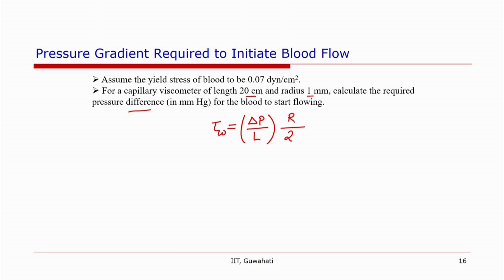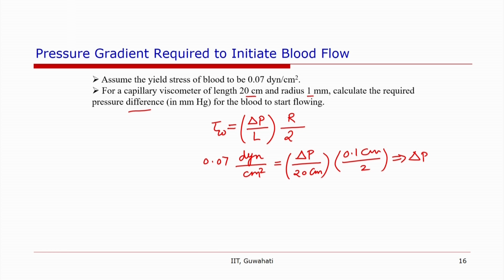So in this the shear stress is 0.07 dyne per centimeter squared, and that is equal to delta P, which is pressure difference, by L, which is 20 centimeter, R is the radius of channel, so let us write this also in centimeters so that we get everything in CGS units, and this gives us delta P is equal to 0.07 into 40 divided by 0.10 dyne per centimeter square.